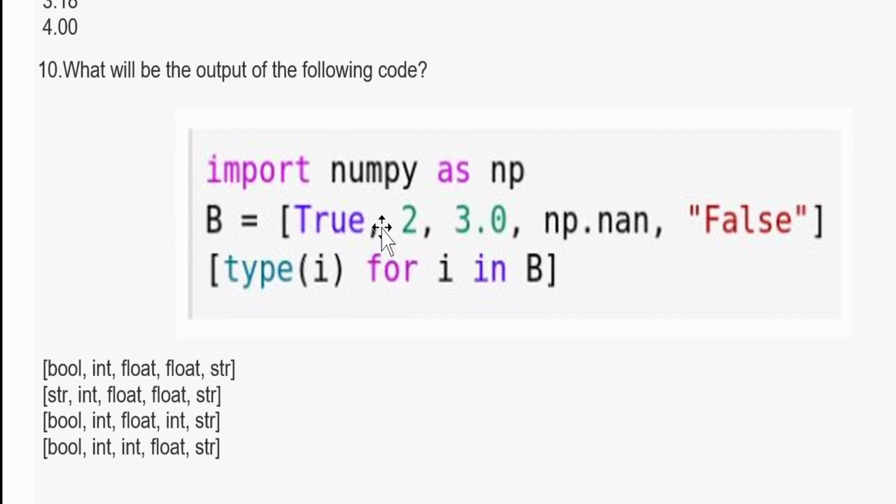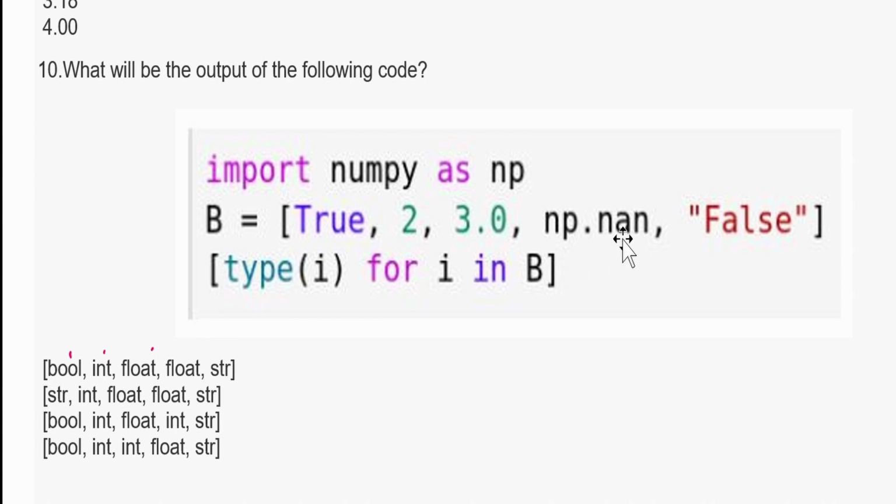Actually, True is a Boolean value, and this 2 is an integer, and this is a float. So Boolean, integer, float.